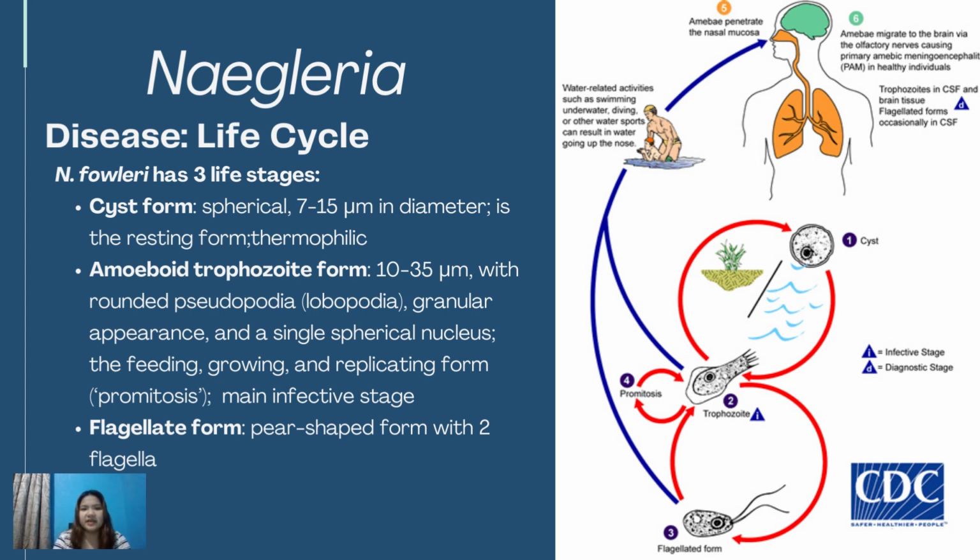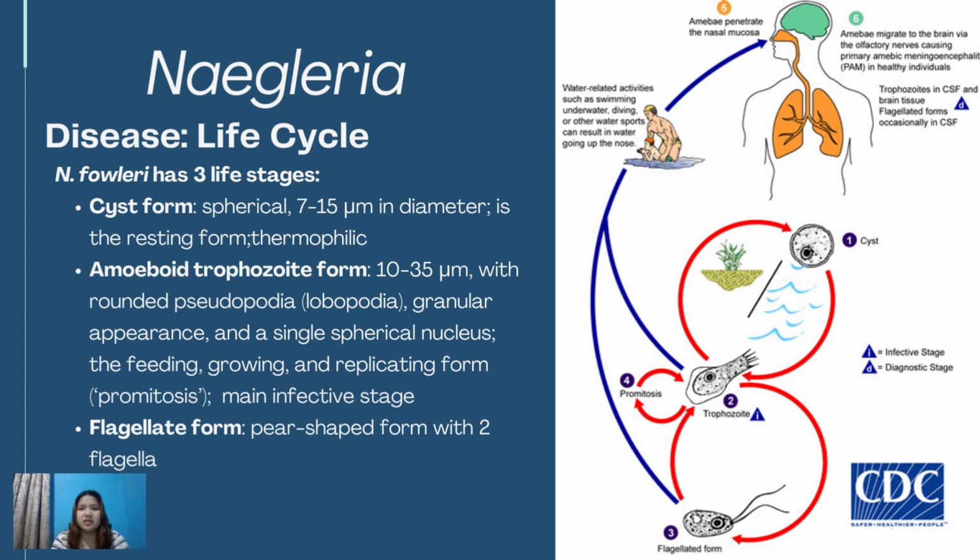Moving on to its life cycle, trophozoites and flagellate forms enter the nose of a person swimming or diving in contaminated, warm freshwater. N. fowleri invades nasal mucosa, attaches to the olfactory nerve, then branches in the cribriform plate into the meninges and brain, causing acute primary amoebic meningoencephalitis or PAM.